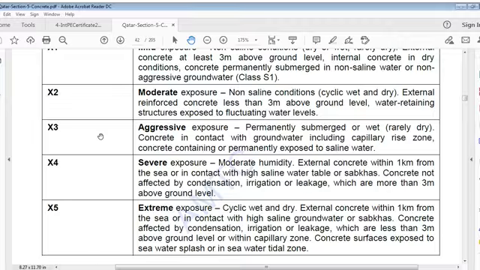Moderate humidity, external concrete within 1 kilometer from the sea or in contact with highly saline water, tables or sub-cars. Concrete not affected by condensation, irrigation or leakage, which are more than 3 meters above ground level.